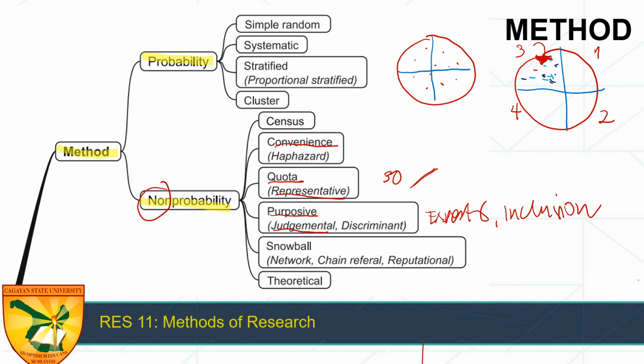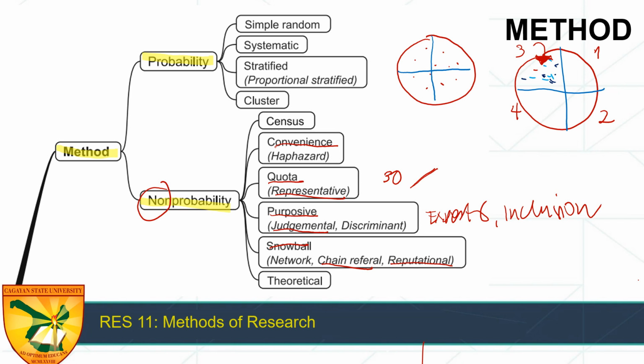And then snowball sampling, this is a chain referral or reputational sampling. This is where participants in the study are tasked to recruit or tell the researcher other members of the study. So these are actually used for those studies where it is hard to find participants.